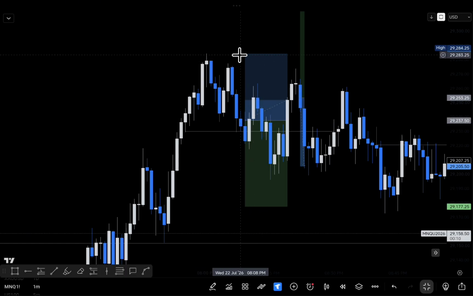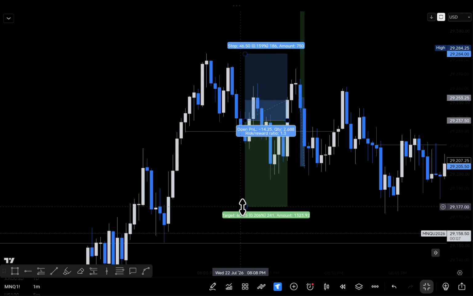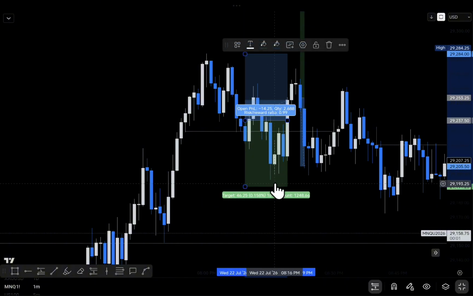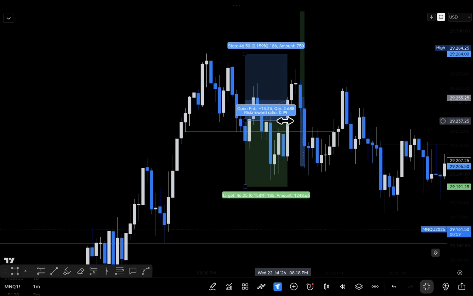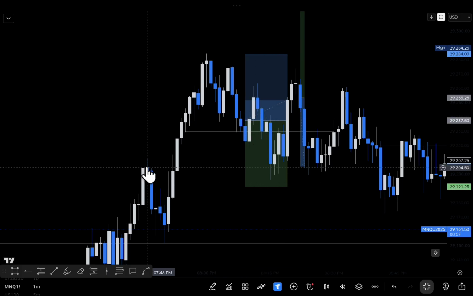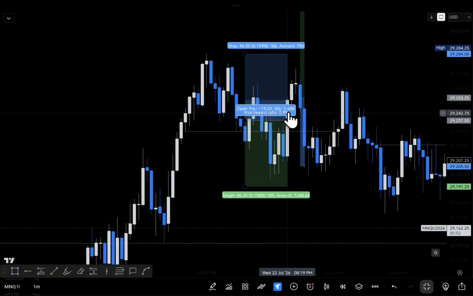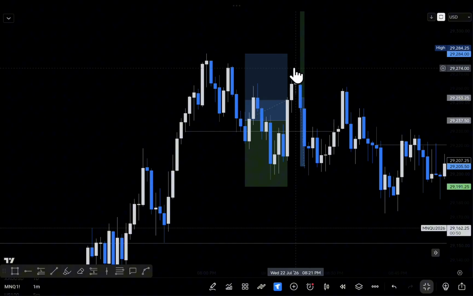I executed here while putting my SL above, and TP at first was 1 to 1, I would say. Price moved all the way here and then tried to push toward the upside, and since it was moving from this order block, I decided to close it here on this one.